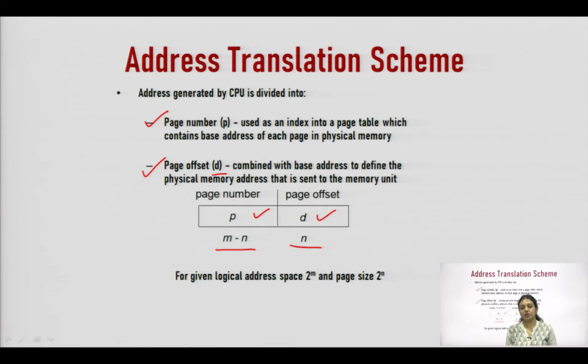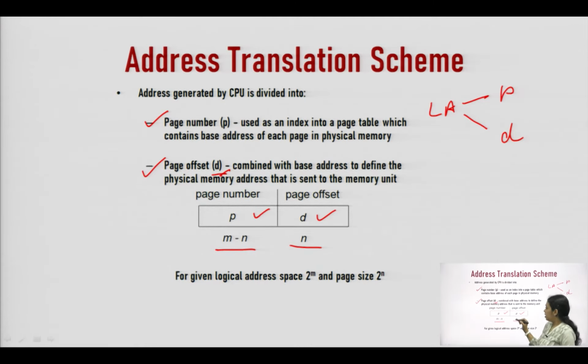Suppose we have 1024 locations in one page. So, within those 1024 locations, which address we are going to access is given by the page offset, right. So, now we know that the logical address is divided into two parts, P and D. Okay.